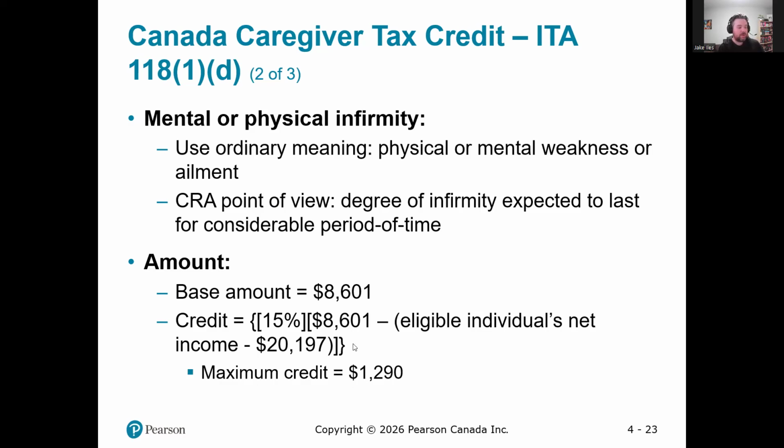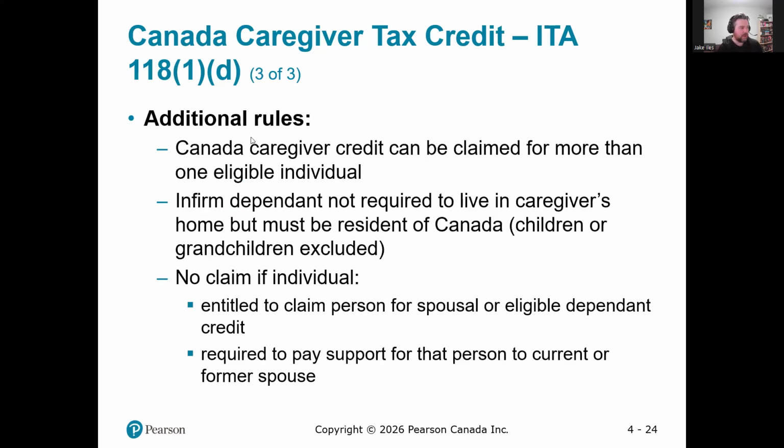So the maximum credit, that 8,601 times 15%, is $1,290. So they're going to help us out by giving us about $1,300 to help towards the care of this individual in our taxes.